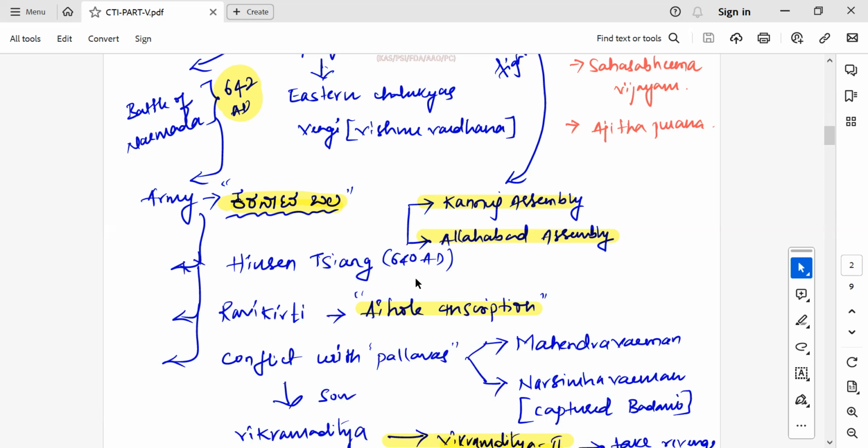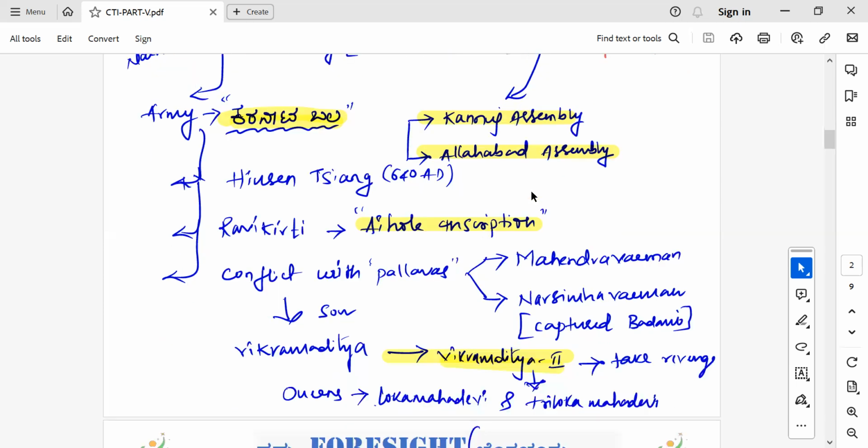And there is one more assembly he organized, the Allahabad Assembly, which he used to organize every 5 years, where Harsha used to give away his wealth, gold, everything to the general public, and also used to discuss the problems of the subjects, meaning the people. So this is about Harsha, which I wanted to emphasize is important.